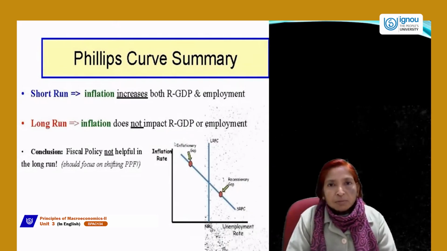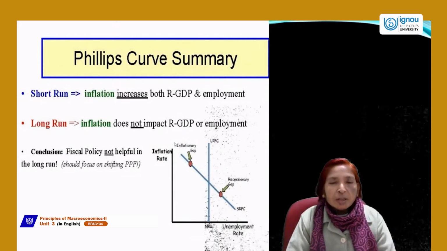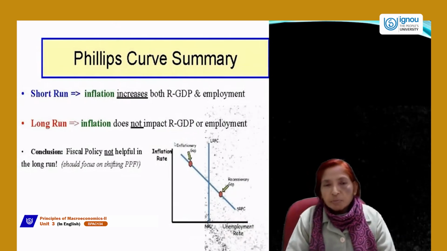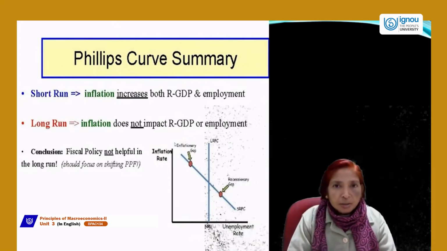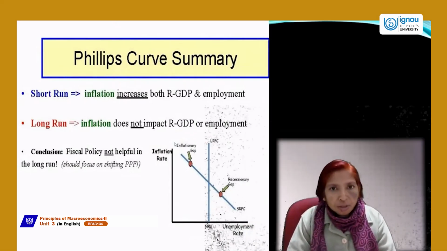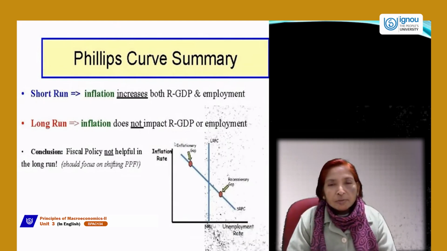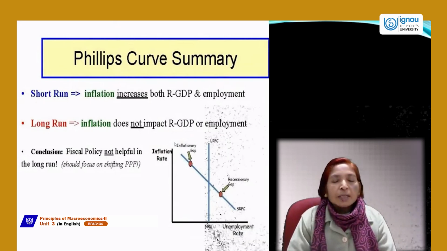In today's session we have discussed the trade-off between inflation and unemployment, which mainly exists in the short run. That's why the curve is downward sloping. But in the long run, there is no trade-off between unemployment and inflation rate, so that curve is vertical.